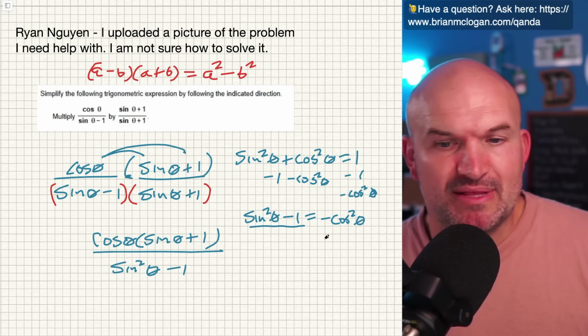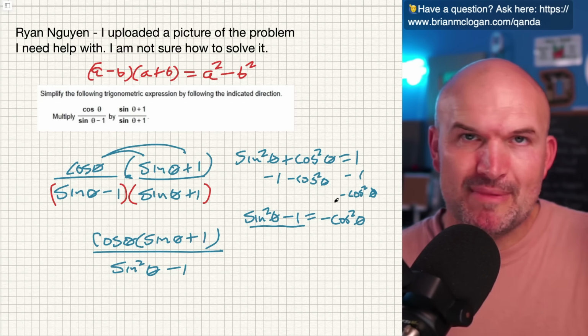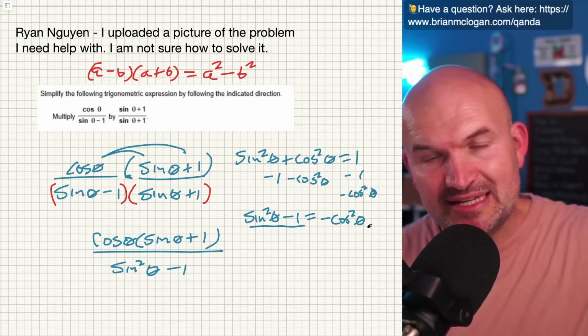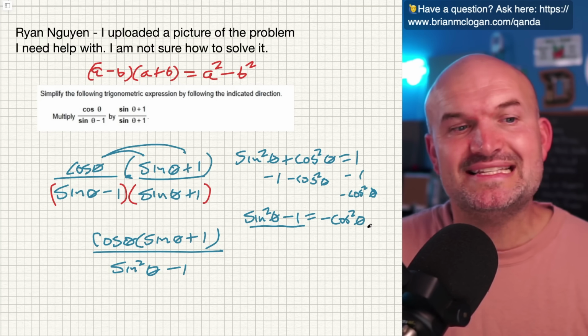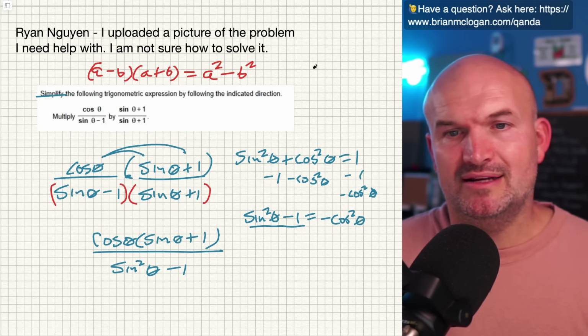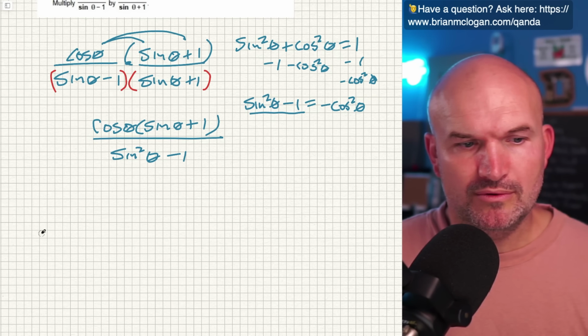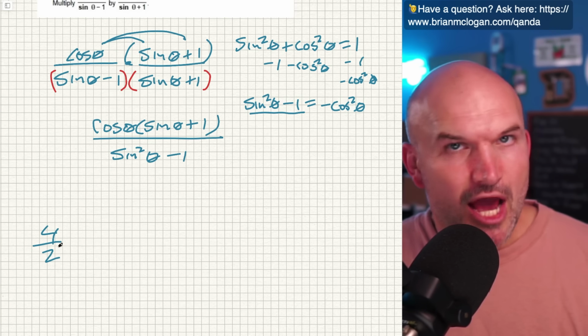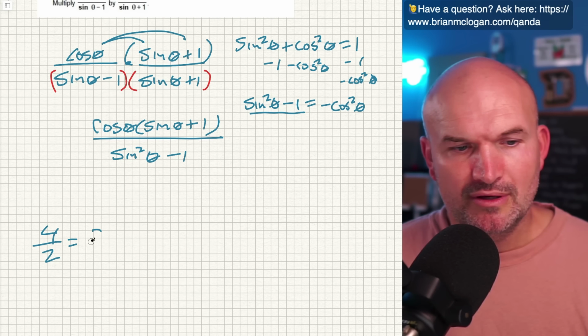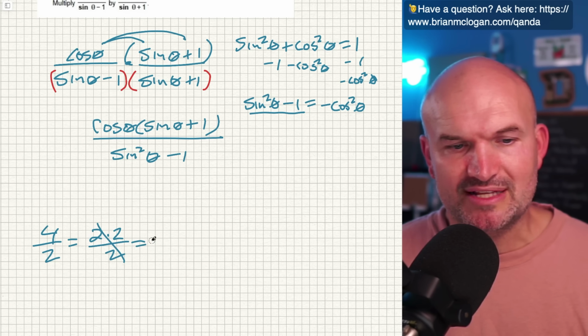Now, why would I want to swap that out? Because remember what I mentioned at the beginning: I want the same thing in the numerator and the denominator so I can simplify. If I have 4 over 2, is that simplified? No, right? You could break up 4 into 2 times 2 divided by 2. The 2's divide out, and that simplifies to 2.